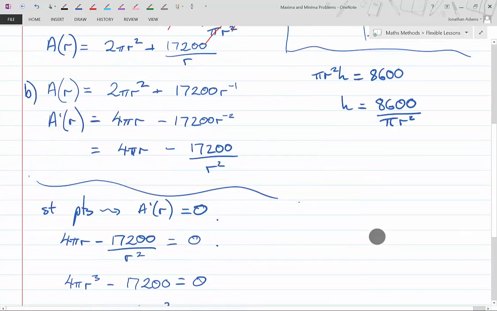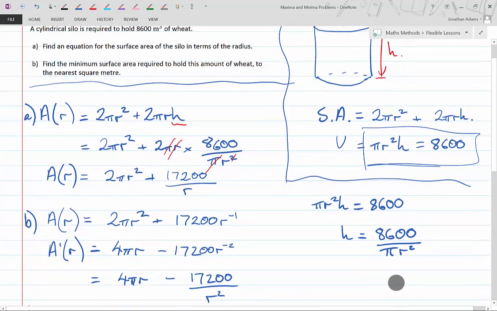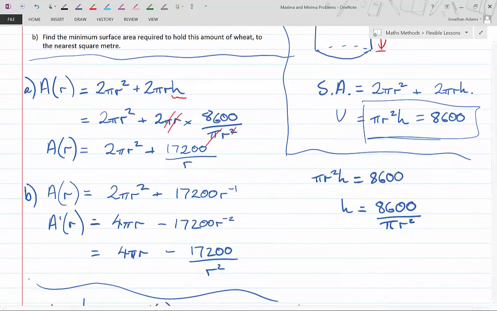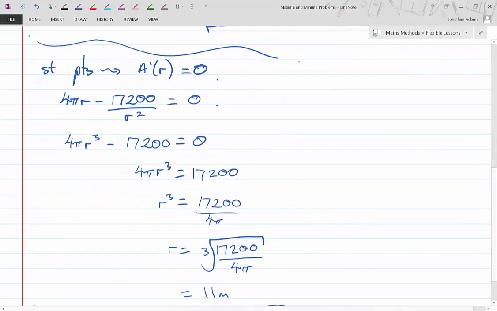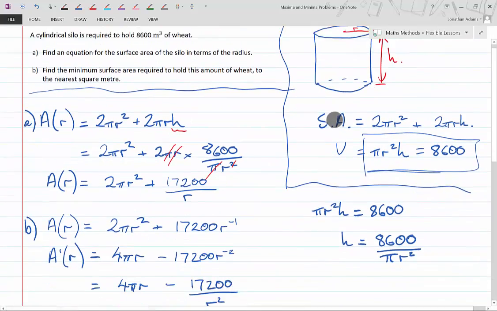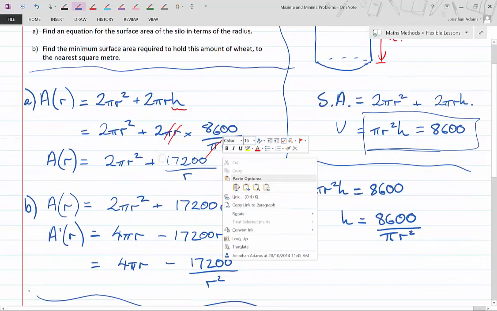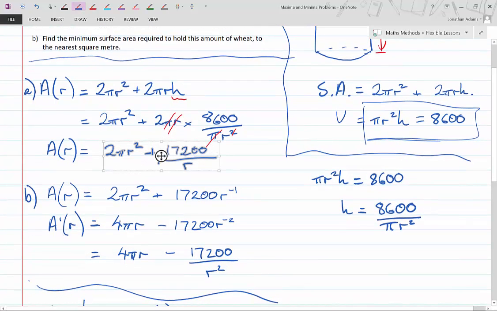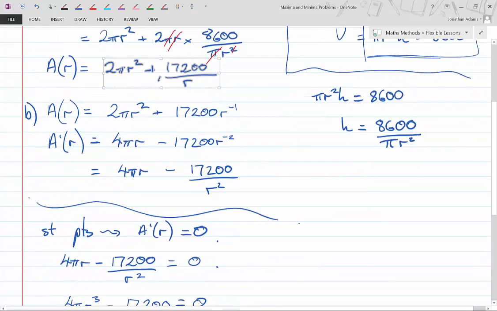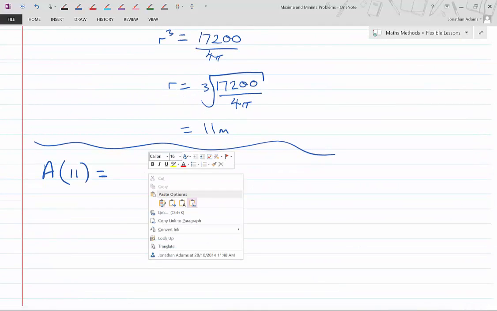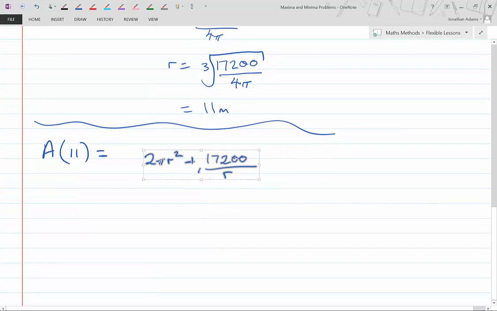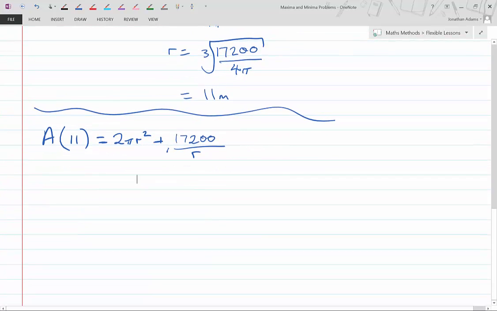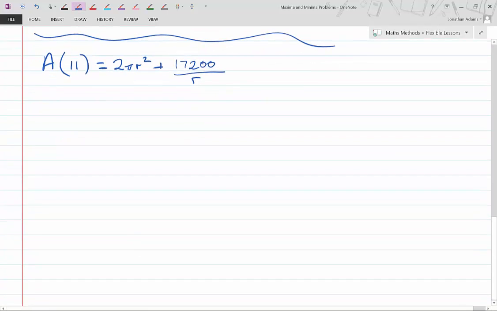What's the surface area of this silo if the radius is 11? Our function was this one here. I'm just going to copy that because I can't remember it. Okay, there we go, let's substitute that in.